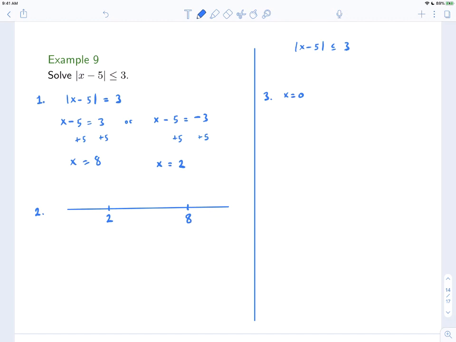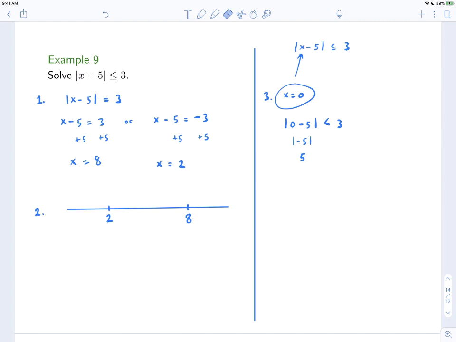Is that true if x is equal to 0? You get the absolute value of 0 minus 5, which is the absolute value of negative 5, which is 5. So 5 is not less than or equal to 3.